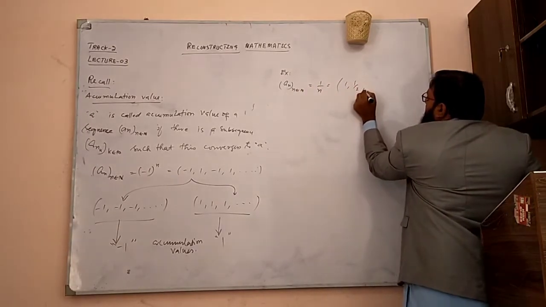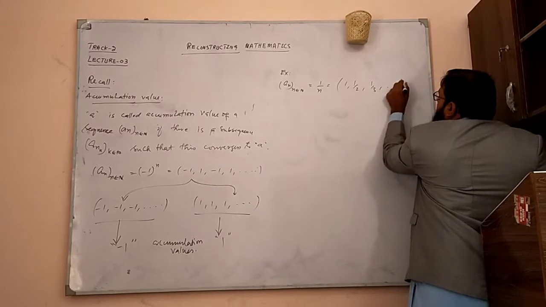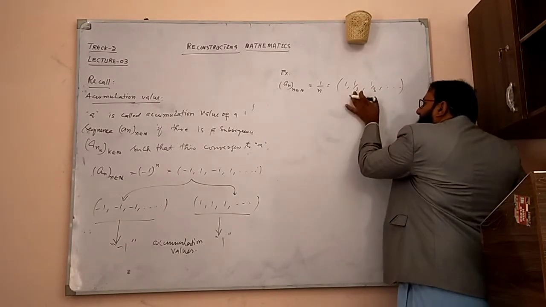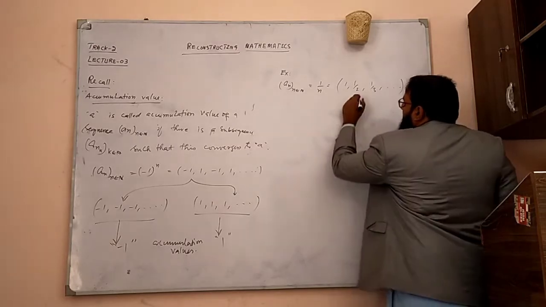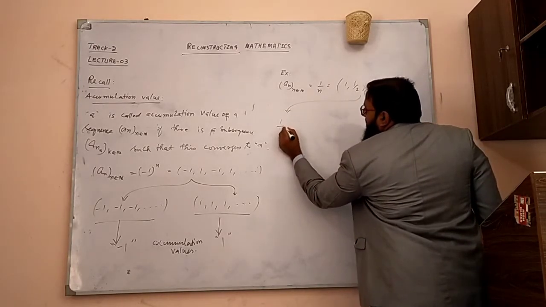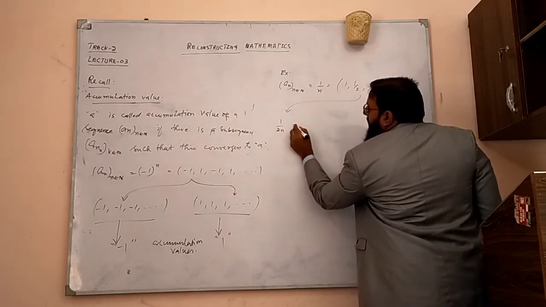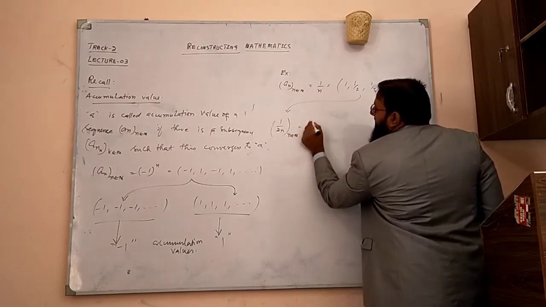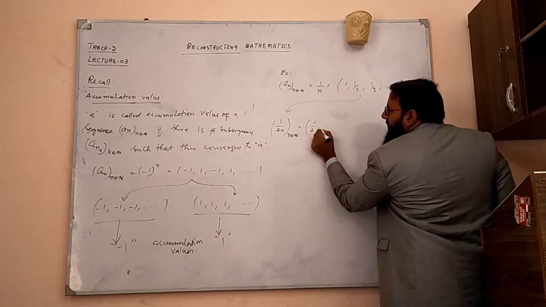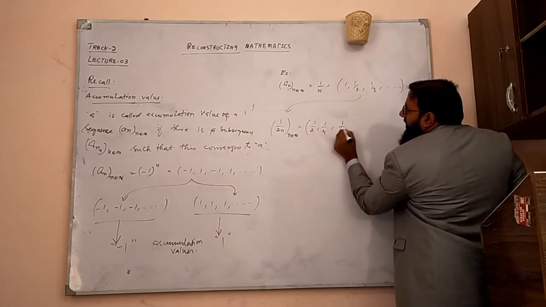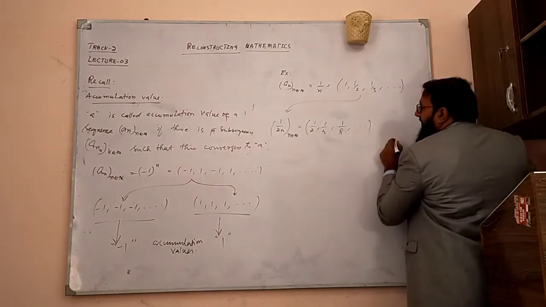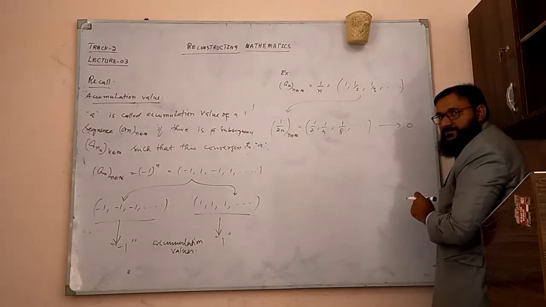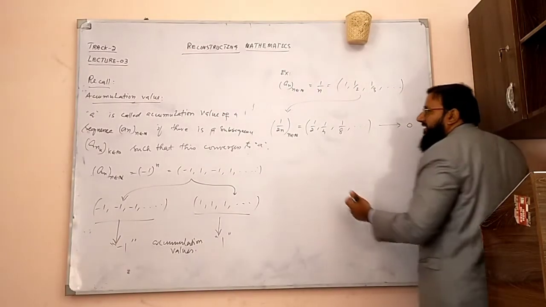You know very well the terms in the sequence are in this way: 1, 1/2, 1/3 and so on. You take any subsequence of the sequence. Let's say the subsequence I am taking is 1 over 2n, where n belongs to the set of natural numbers. This is like 1/2, 1/4, 1/8 and so on. Now this converges to 0.